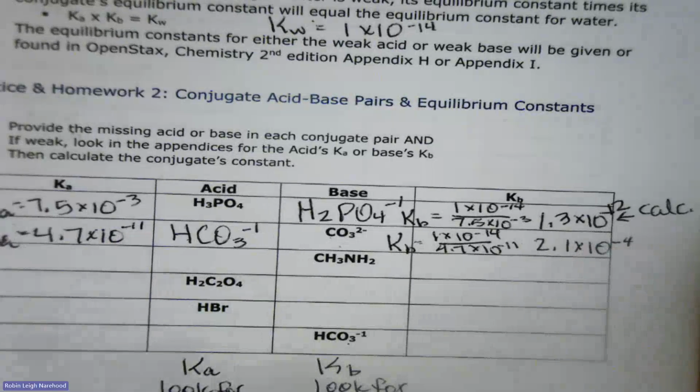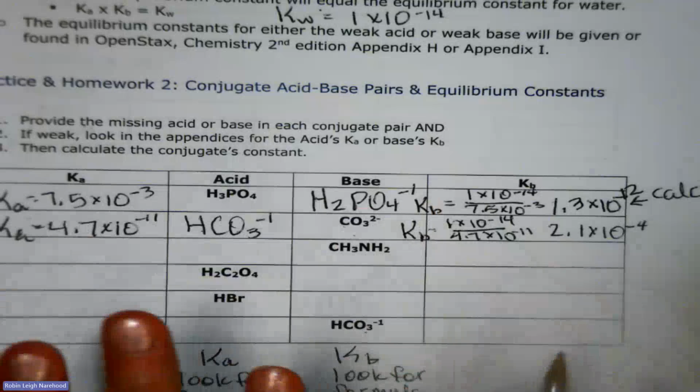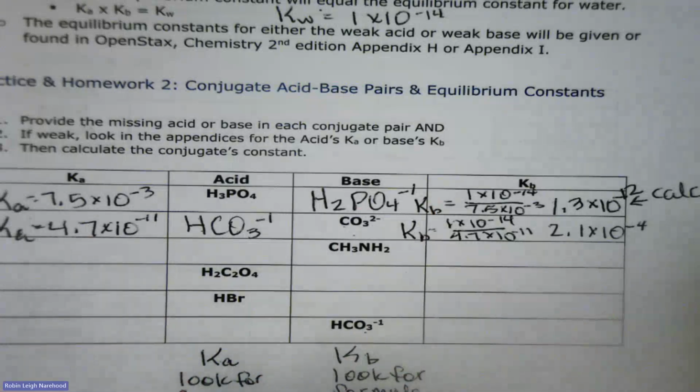Okay, so for each example, you should be able to find, if it's weak, the Ka or the Kb. If it's not in the Ka table, then it would be in the Kb table, or it's strong. Are any of the things on this strong? HBr.